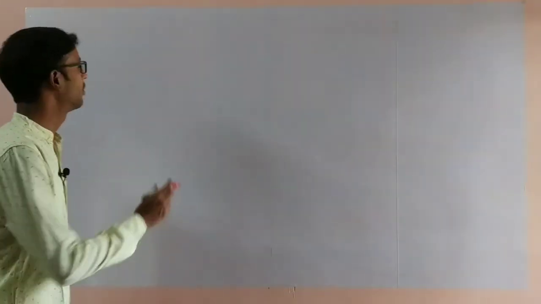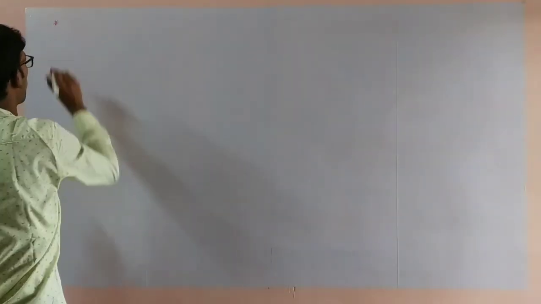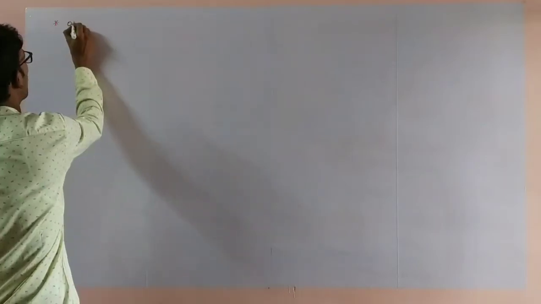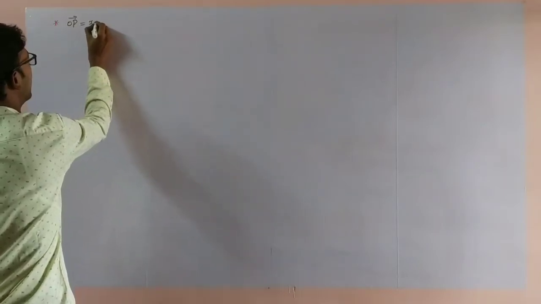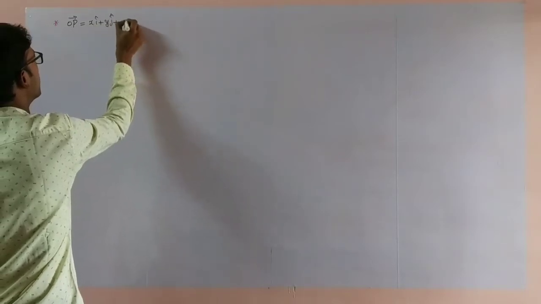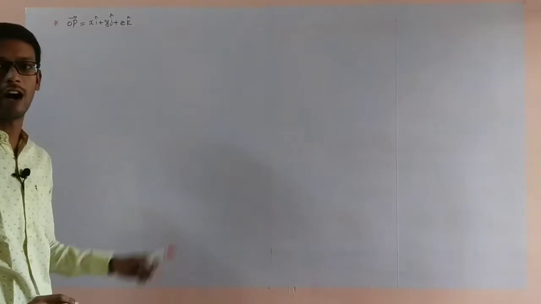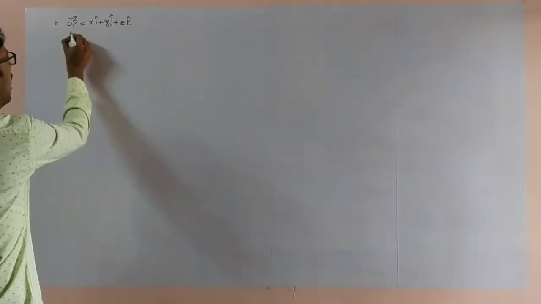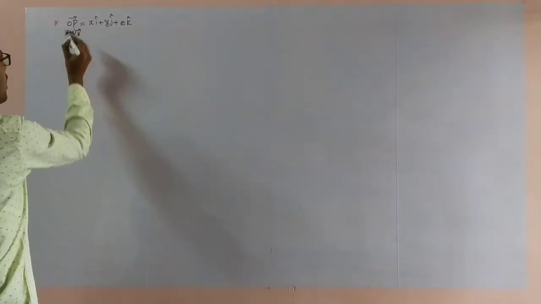Now some important points. OP bar is equal to xi cap plus yj cap plus zk cap. This is the component form of a vector, or we can also write this as R bar.